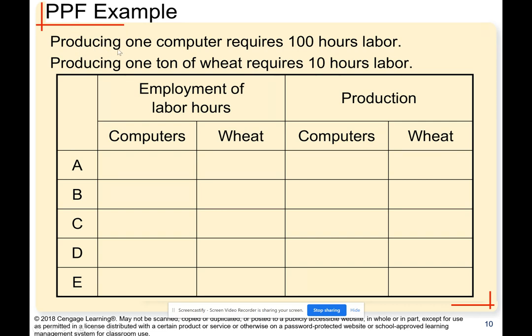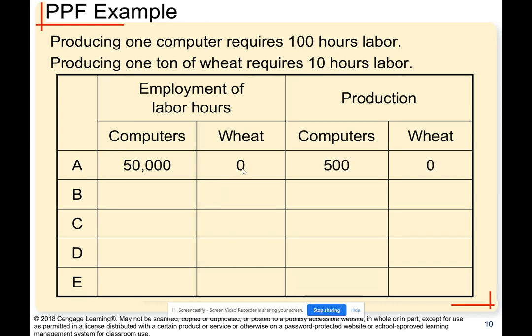As an example, producing one computer requires 100 hours of labor. Producing 1 ton of wheat requires 10 hours of labor. So if we have 50,000 hours of labor and we decide to use those hours to produce computers, that means we're going to have 0 wheat.